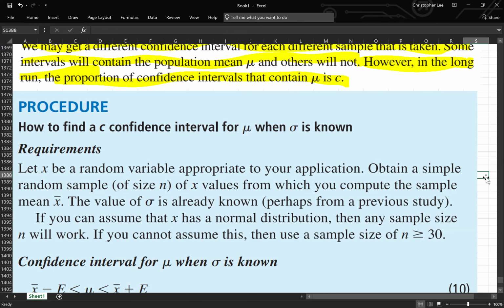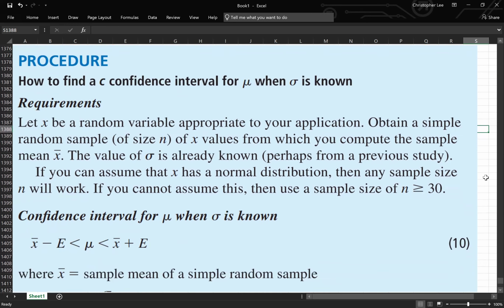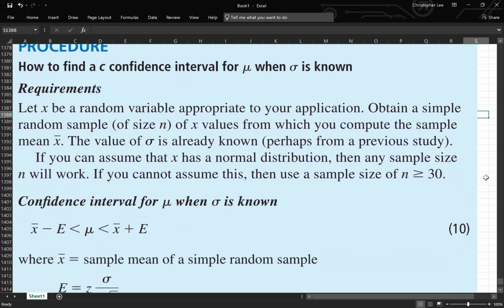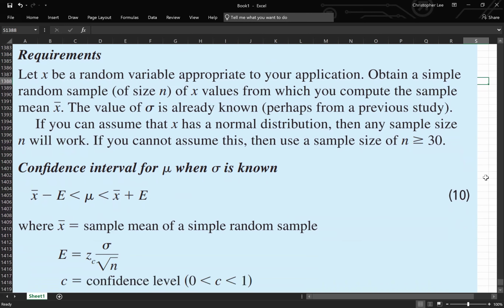Obtain a simple random sample of size n for X values from which you compute the sample mean X bar. The value of sigma is already known, perhaps from a previous study. If you can assume that X has a normal distribution, then any sample size n will work. And if you cannot assume this, then use a sample size n greater than or equal to 30.